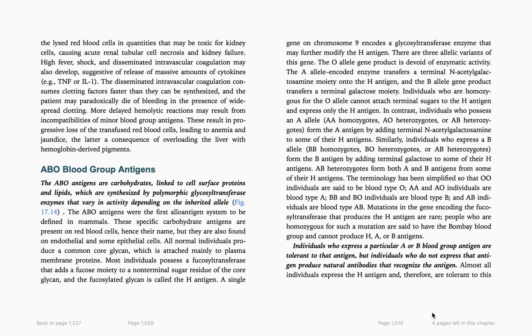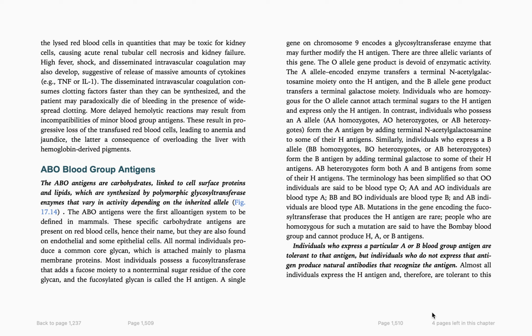All normal individuals produce a common core glycan, which is attached mainly to plasma membrane proteins. Most individuals possess a fucosyltransferase that adds a fucose moiety to a non-terminal sugar residue of the core glycan, and the fucosylated glycan is called the H antigen. A single gene on chromosome 9 encodes a glycosyltransferase enzyme that may further modify the H antigen.